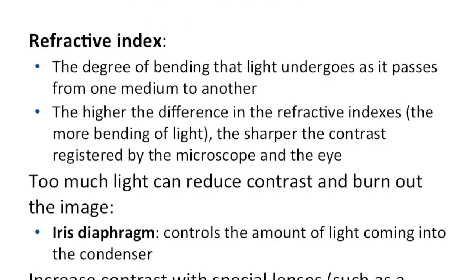Contrast is also known as the refractive index. That is the degree of bending that light undergoes when it passes from one medium to another.